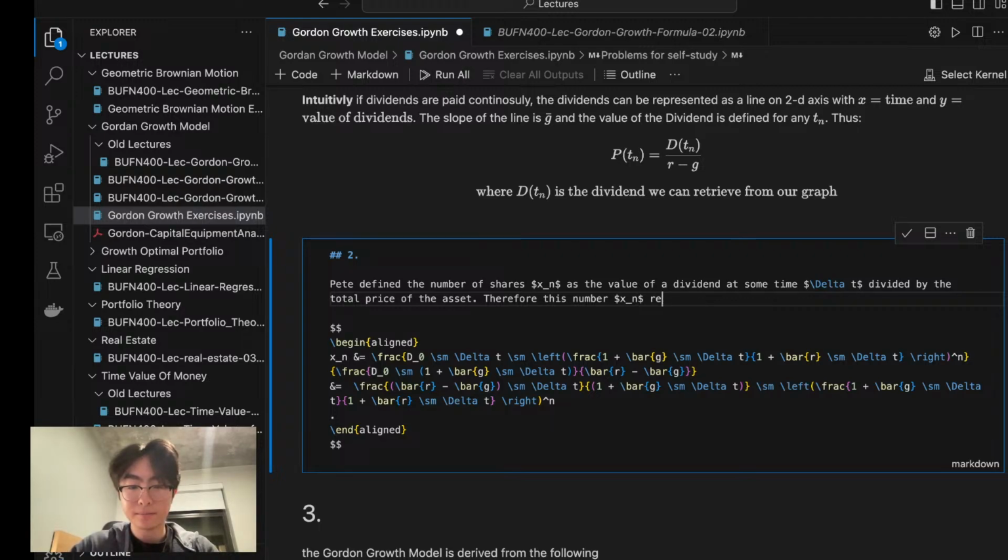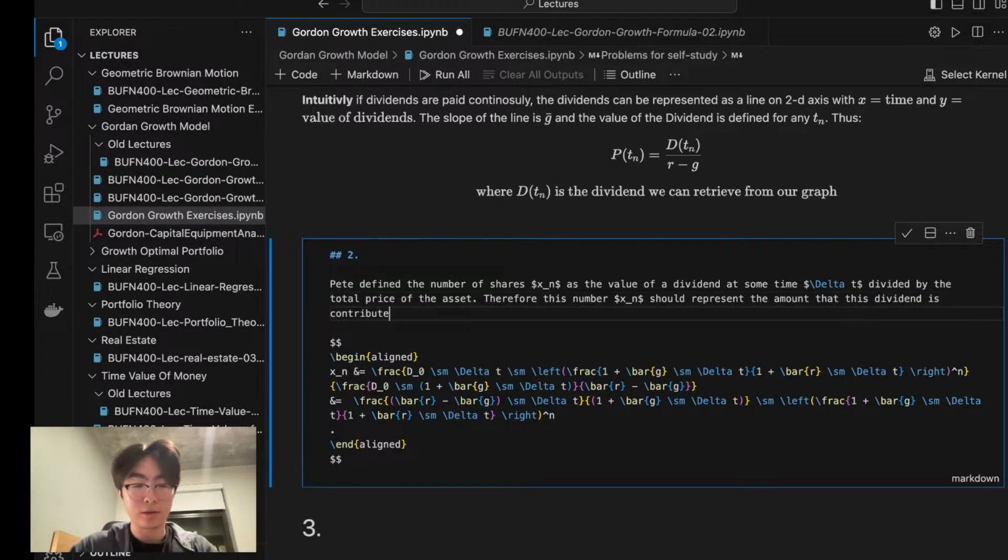should represent the amount that this dividend is contributing to present value. Wait. Is it though? Yeah, it is. Present value, because it's the present value. Okay.